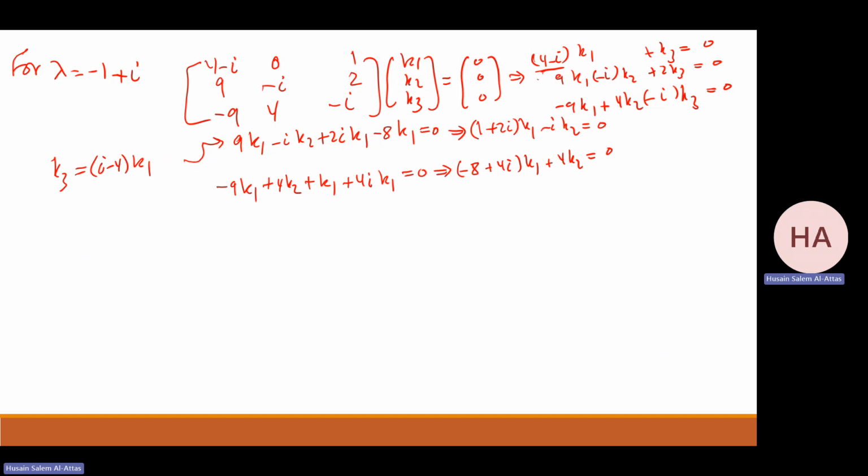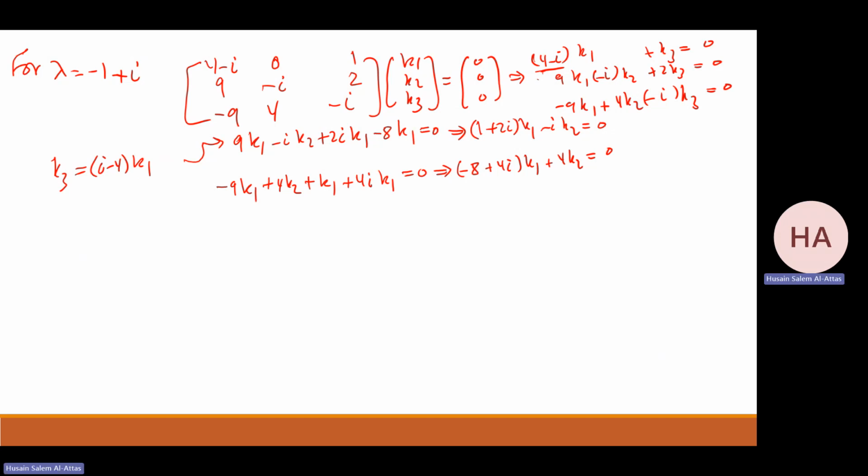Multiply the first one. Is it minus 8 plus 4iK1? Yeah, I'm replacing K3 with K1. So the equations are in K1 and K2.